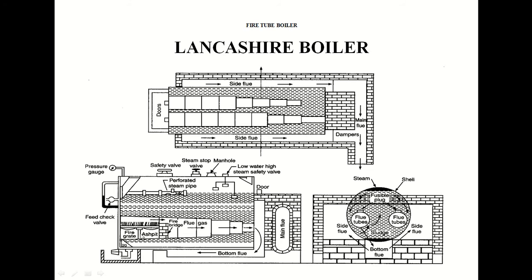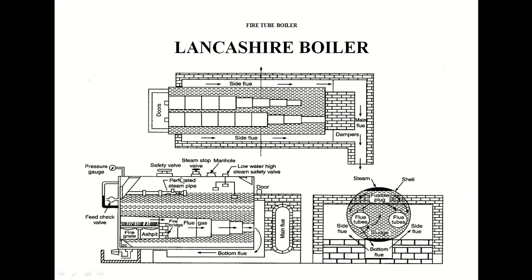Now here you can see the furnace, and the flue gases will flow over these tubes and will be circulated into the tubes. So these are the flue tubes, or you can say the fire tubes. And outside of this fire tube, the main drum consists of the water.